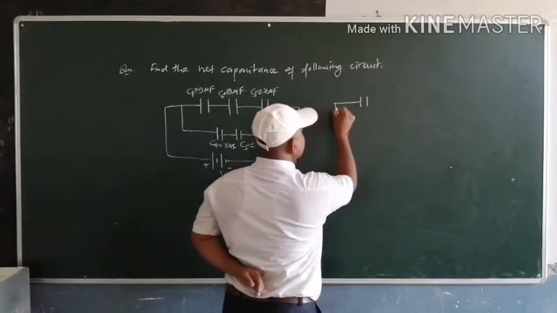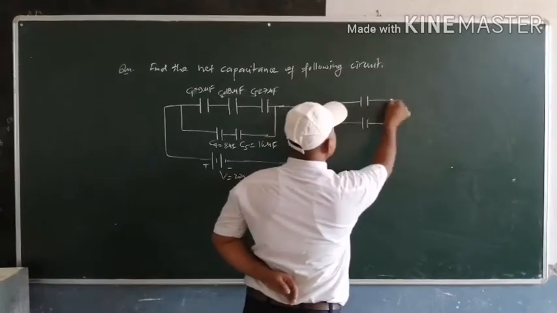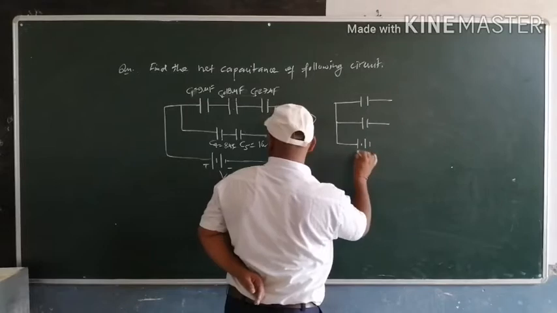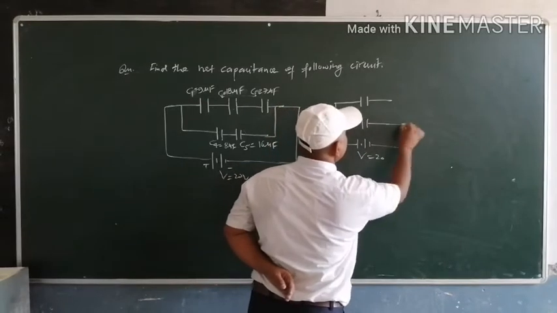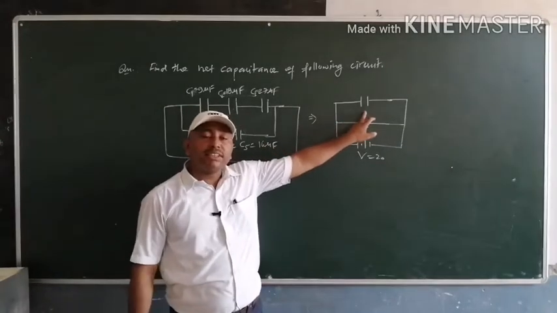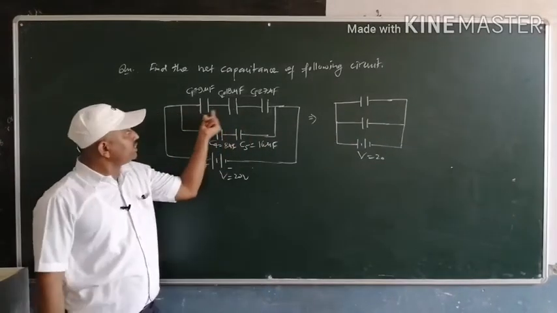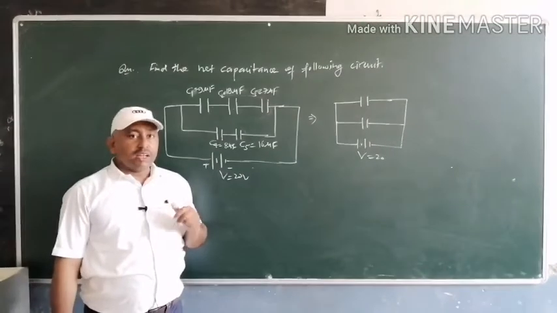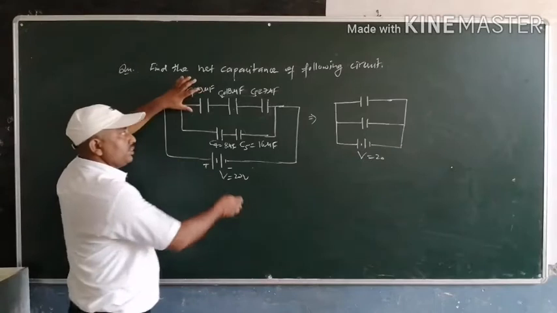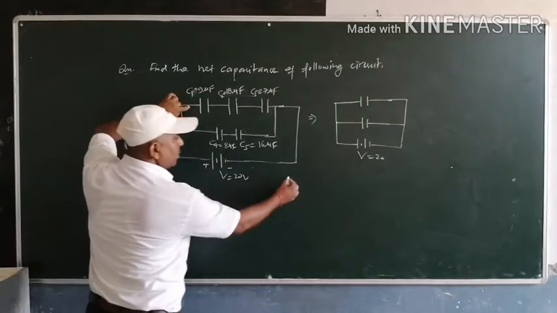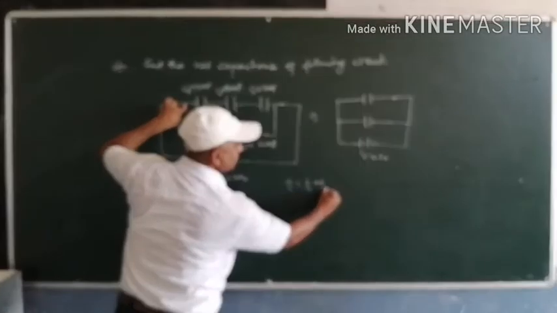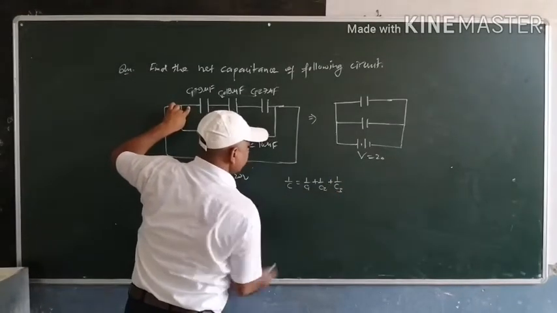to a single capacitor in each line, which can be connected with a battery of potential 20 volt. This will be the series combination of these three capacitances. We know that the formula for the series combination of capacitances is 1 upon C equals 1 upon C1 plus 1 upon C2 plus 1 upon C3.